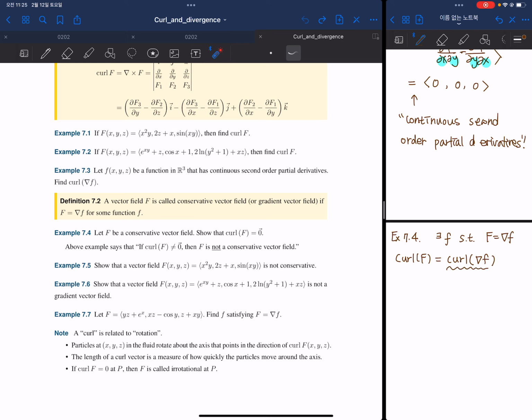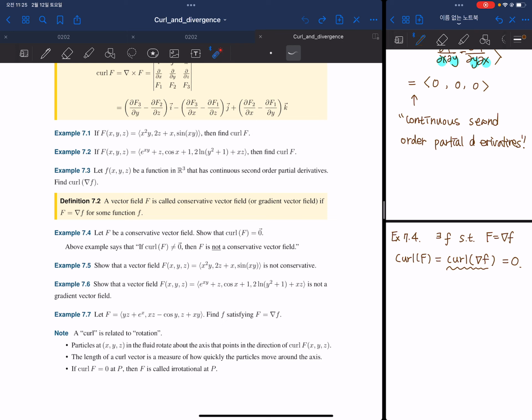But in example 7.3, we calculated that the curl of the gradient of f is just 0, right? So we can say it is 0. So this example says that if F is a conservative vector field, then the curl of the vector field is just the 0 vector.